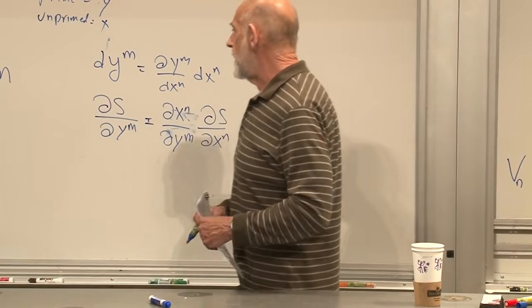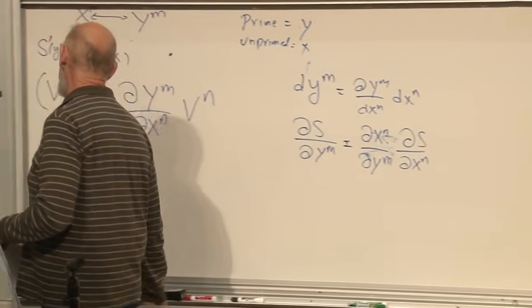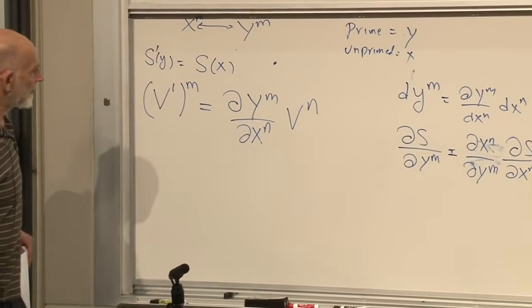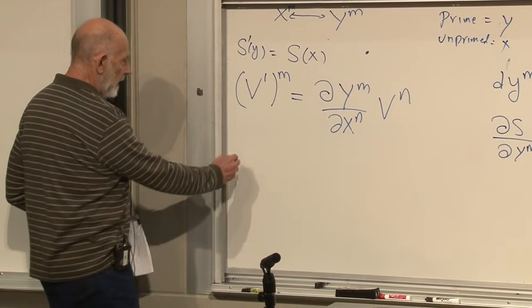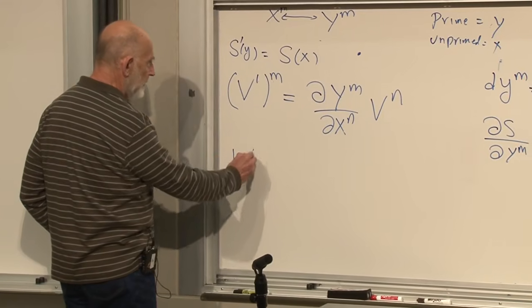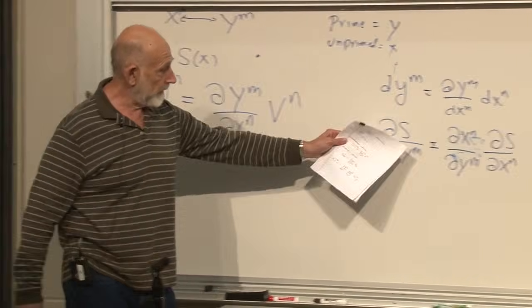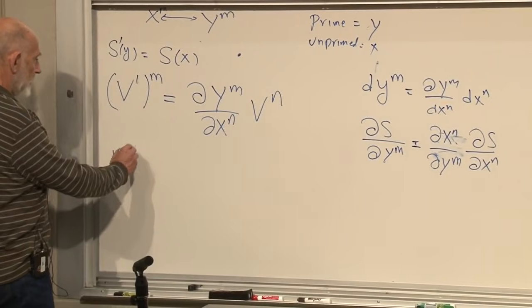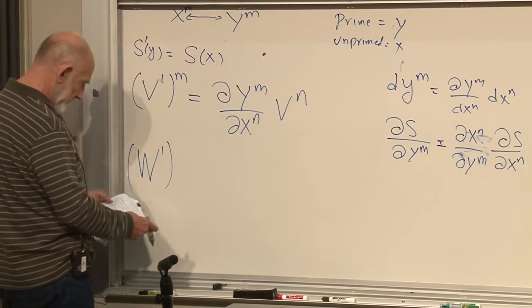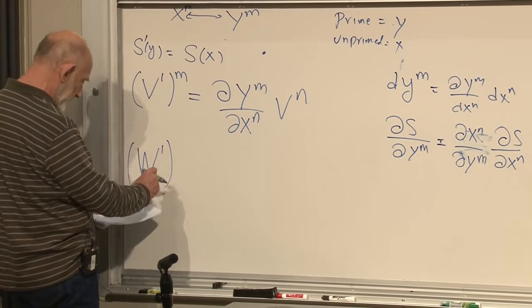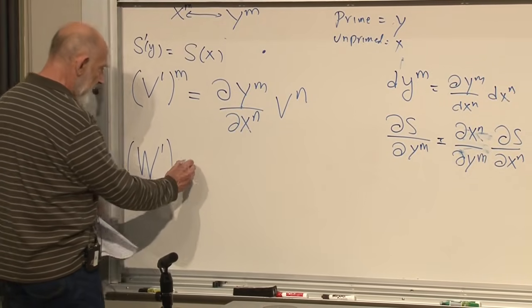All right, so this is the transformation properties of a covariant object, and the corresponding thing for contravariant would be the analog of this, W'^m.